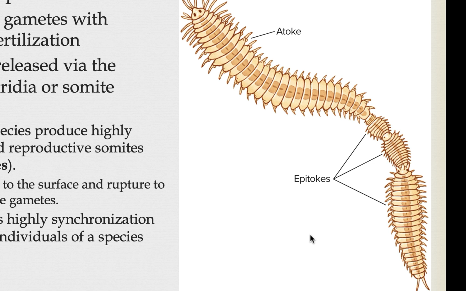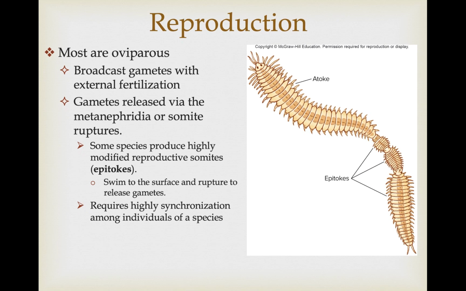Now, when this occurs, this is highly synchronized within individual species, so that there's a lot of cross-fertilization between individuals and the gametes that they release. And in some Polynesian cultures, the timing of this has led to festivals in which they'll go out and actually gather these epitokes and use them as a big-time protein source, and have a big feast.